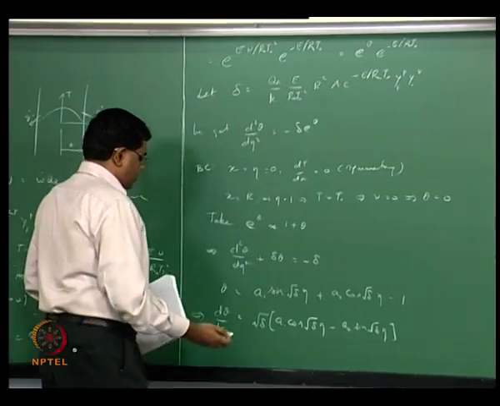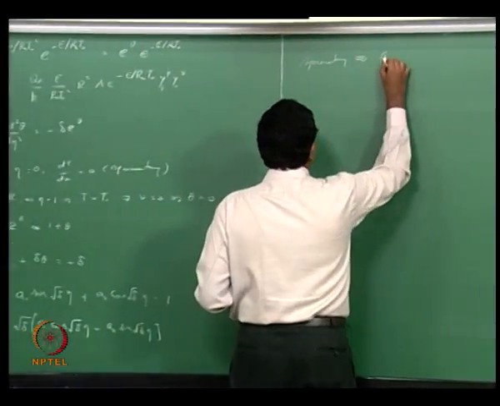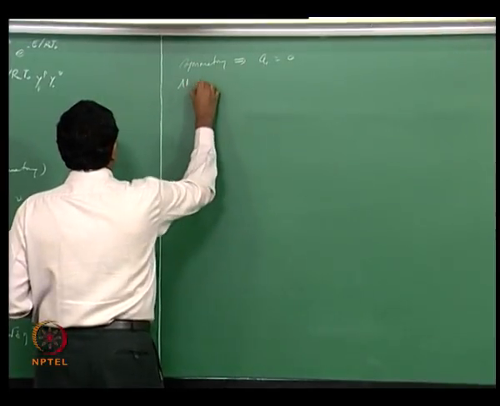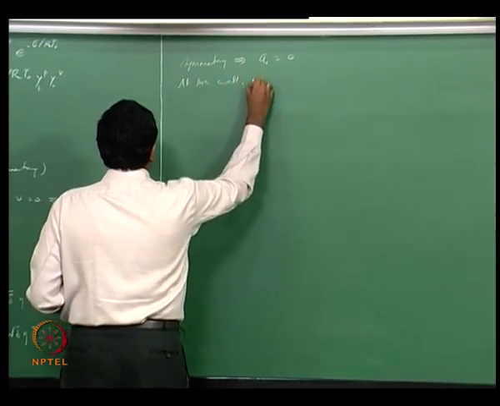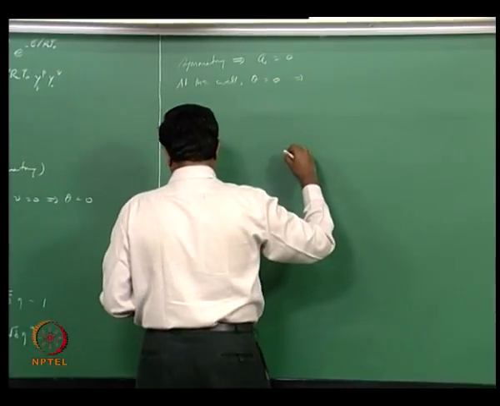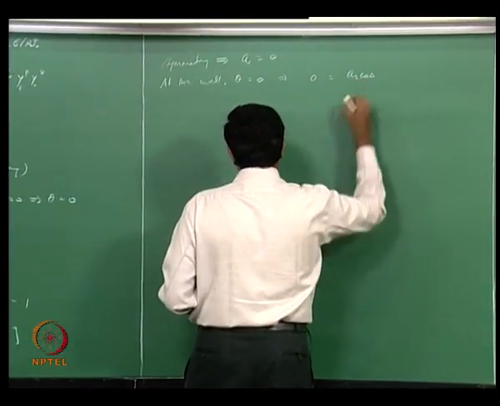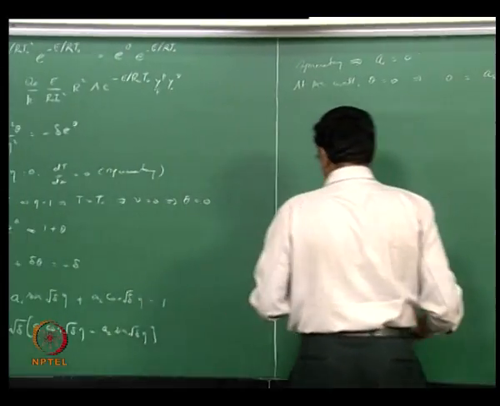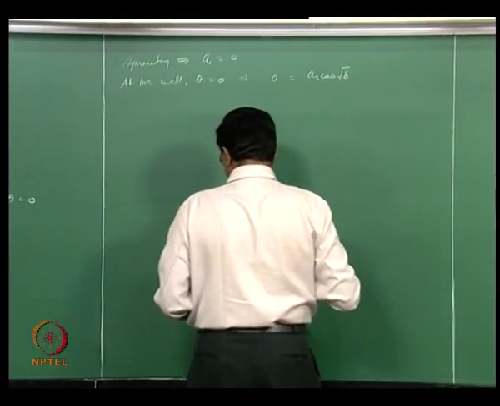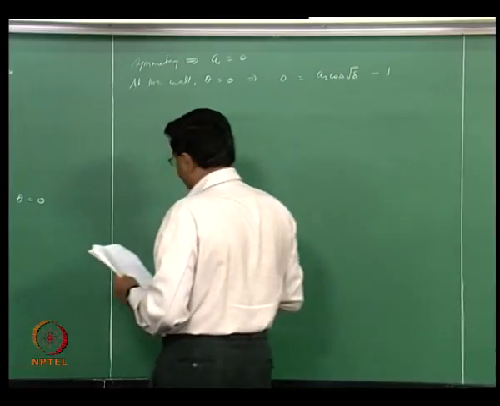That means the cosine is going to 1, therefore a1 should be equal to 0, and at the wall theta equal to 0, this means 0 equals a2 cosine square root of delta minus 1, right.